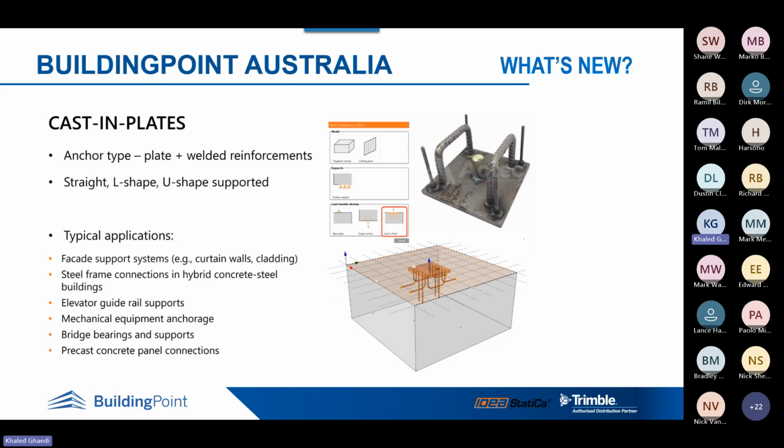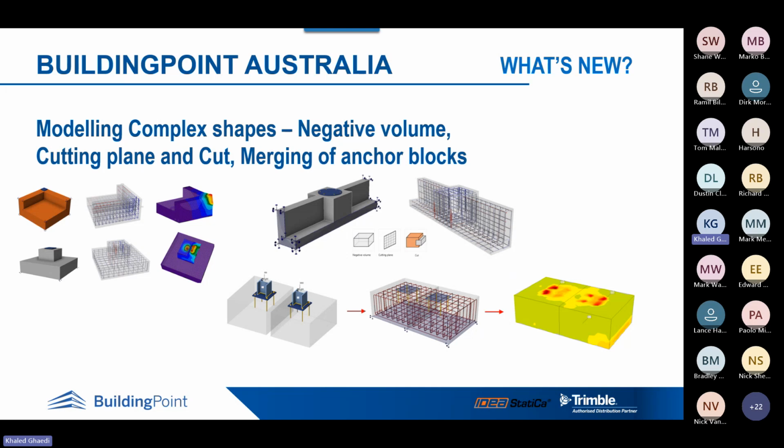The typical applications of this feature in Detail 3D are facade support systems, steel frame connections, elevator guide rail support, mechanical equipment anchorage, bridge bearing and support, and precast concrete panel connections. So these are just some examples of the typical uses of casting plate anchors.